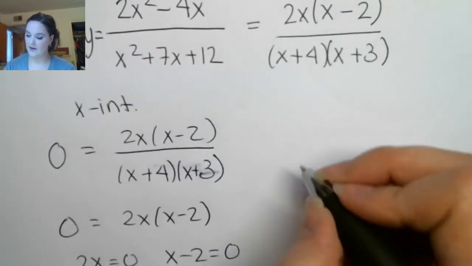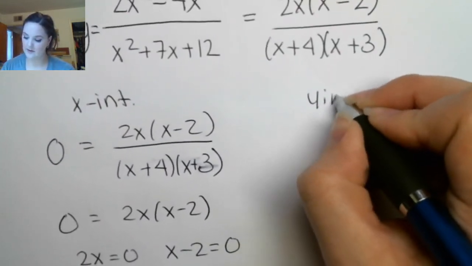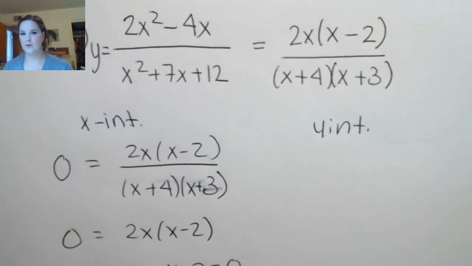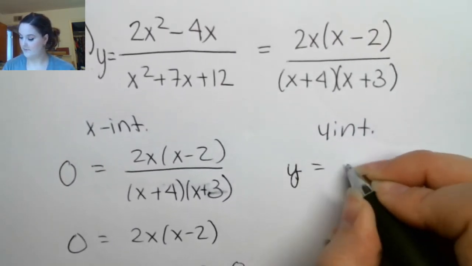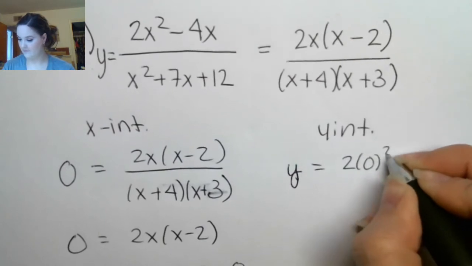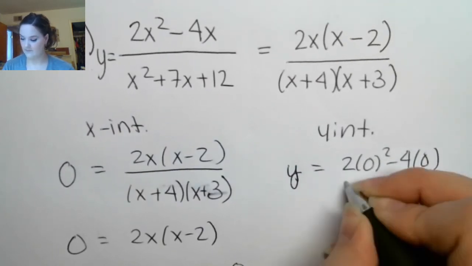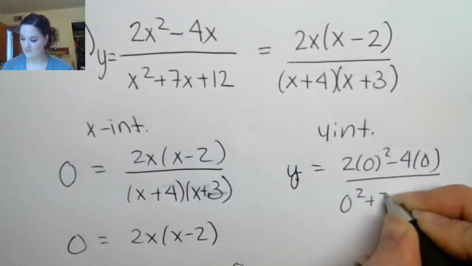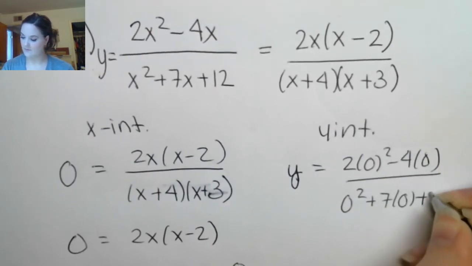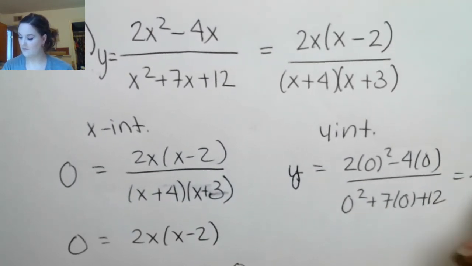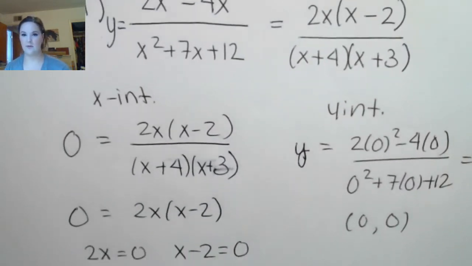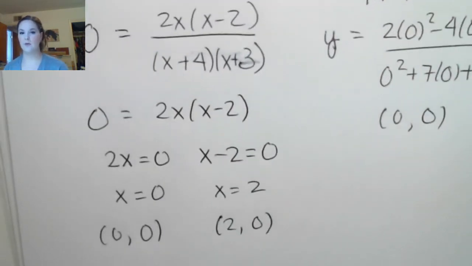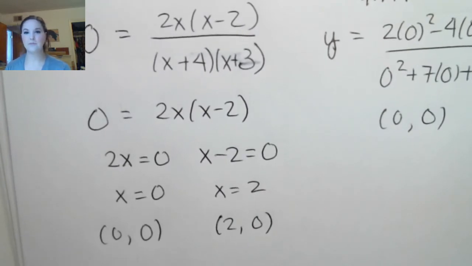Then I'm going to find my y-intercept. It doesn't really matter if you use the factored form or the unfactored form. I'm going to get that my y-intercept is 0, 0, the origin, which you could have known by looking at this.